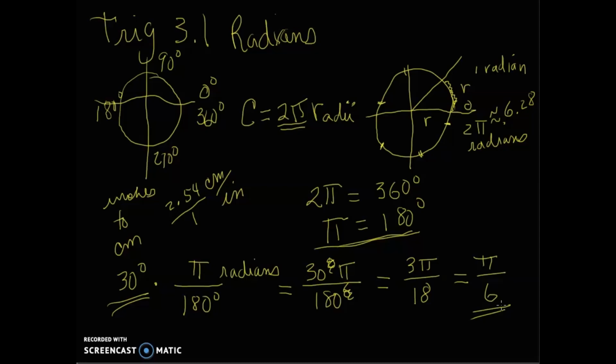Let's do a couple more, but maybe backwards. Suppose you have 120 degrees. How many radians? Well, remember, we're changing to radians, so that goes in the numerator. We're getting rid of the degrees, that goes to the denominator.